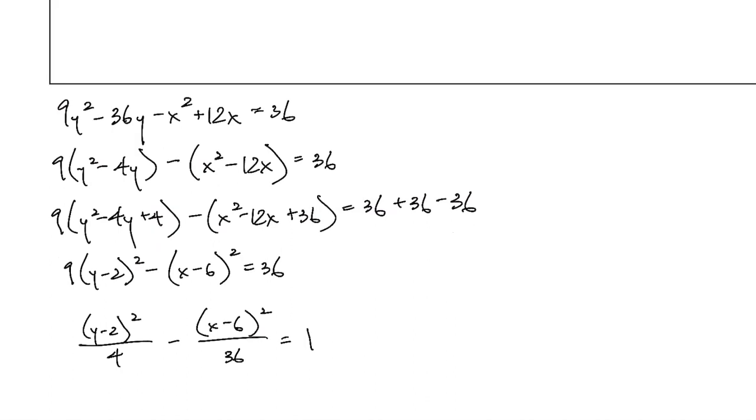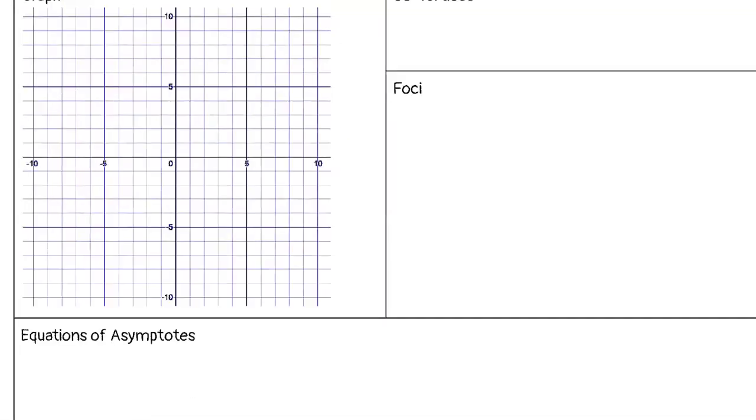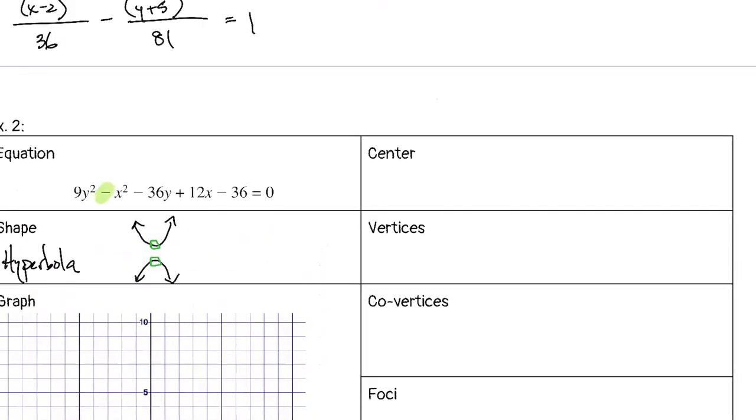Okay? So y minus 2 squared over 2 squared minus x minus 6 squared over 6 squared equals 1.